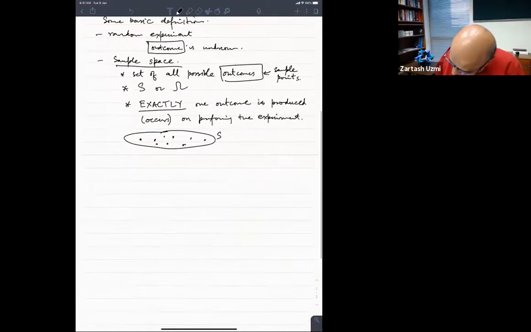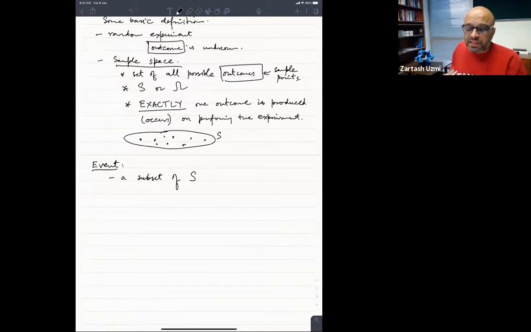Now let me also define what is an event. Event क्या चीज है? Event is a subset of S, a subset of the sample space, okay? और ये subset जो है empty भी हो सकता है, और ये subset full set भी हो सकता है. Full set means के इसमें पूरा का पूरा ये S आ जाए, ठीक है.